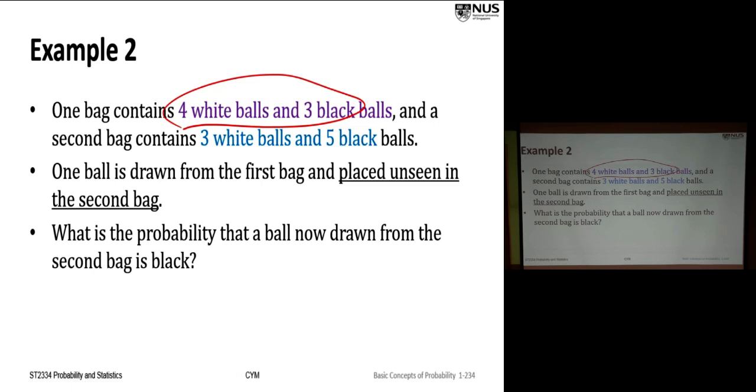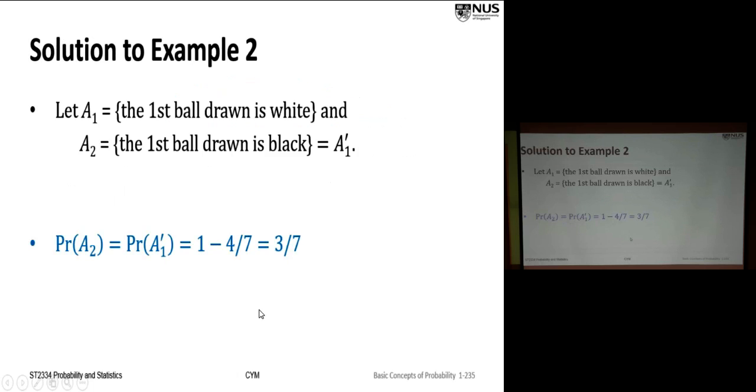Now, in the process, the number of black balls in the second bag depends on what ball you draw from the first bag. So you have to consider this carefully.